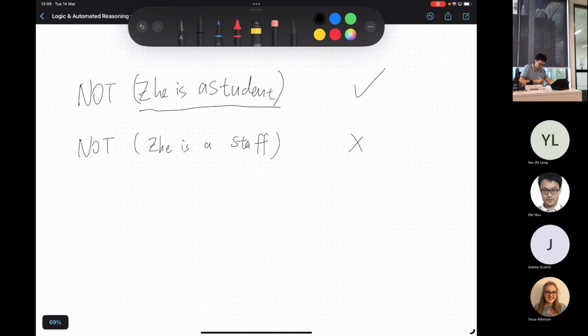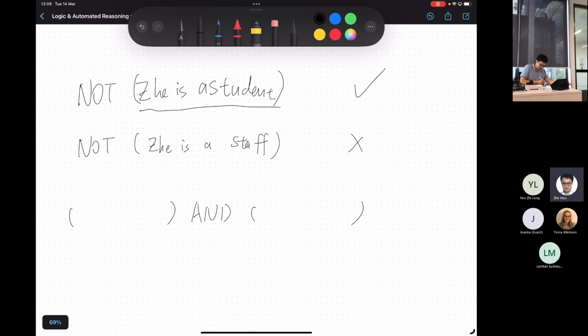So you can go "something and something." On the left-hand side, we can have "Z is a student." On the right-hand side, we can have "Tessa is a staff."